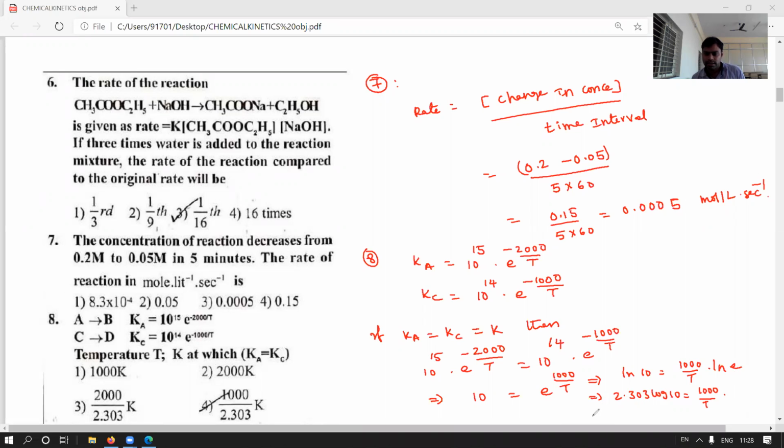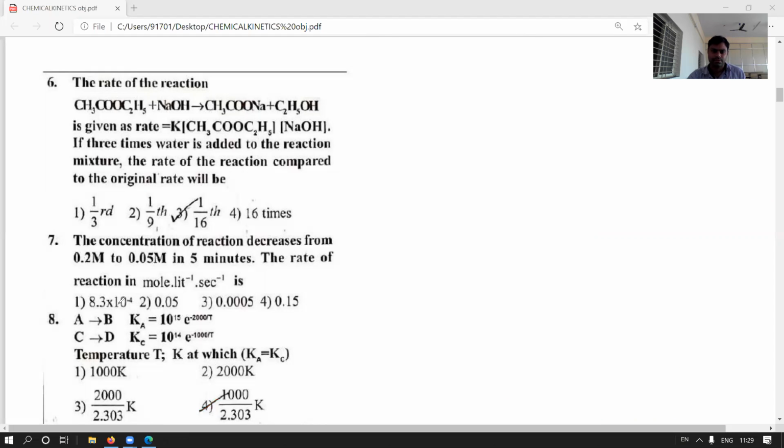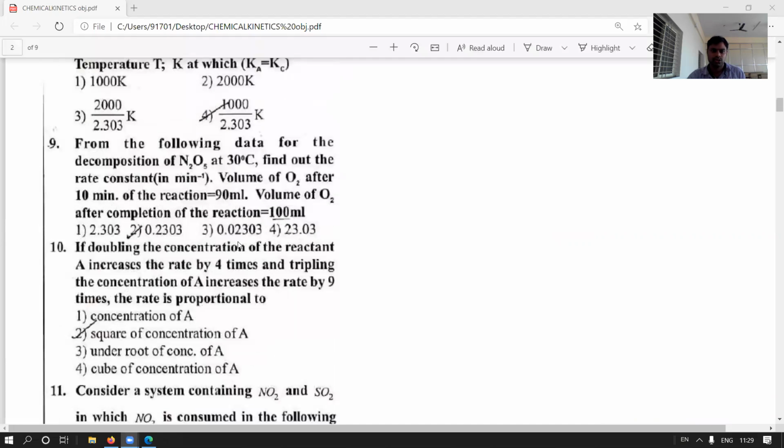So log 10 value is 1, then T is equal to 1000 by 2.303. So the correct answer is the fourth one, 1000 by 2.303. Let's see the 9th question.